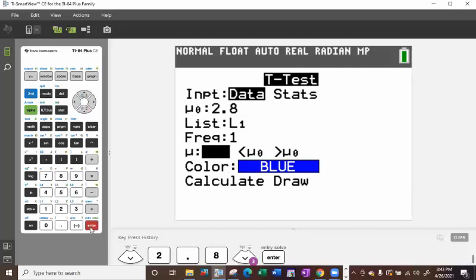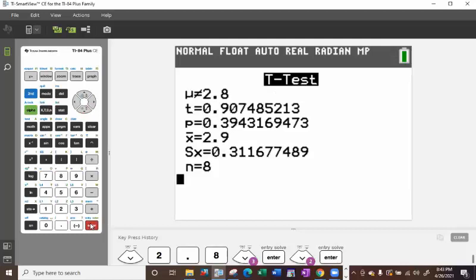So the only number it needed was the value you're testing against. It's going to do everything else internally. And it's even telling you the mean and standard deviation, which we can go back and look at. 2.9 and 3.116.